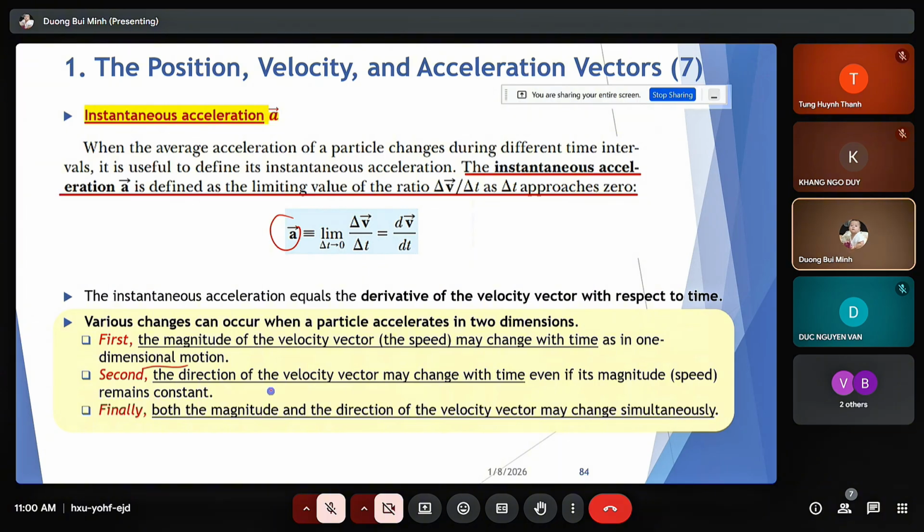Second, the direction of the velocity vector may change with time even if its magnitude remains constant, so we change the phase angle. Last, both magnitude and direction of the velocity vector may change simultaneously. So we have many possible cases that make different accelerations.